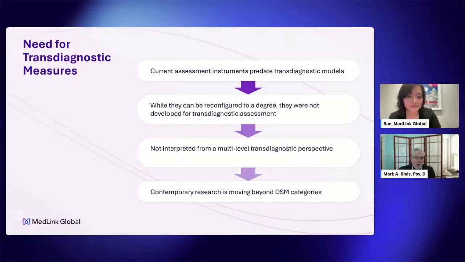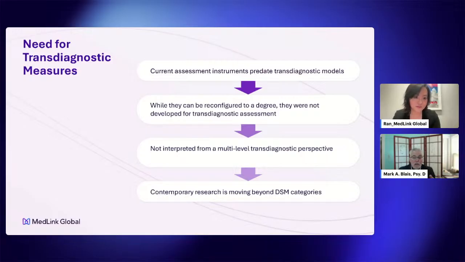In order for this new thinking to be translated from research into clinical practice, there was a need to create new instruments. The current instruments that we have, the popular psychological inventories, were all made before the emergence of transdiagnostic models.